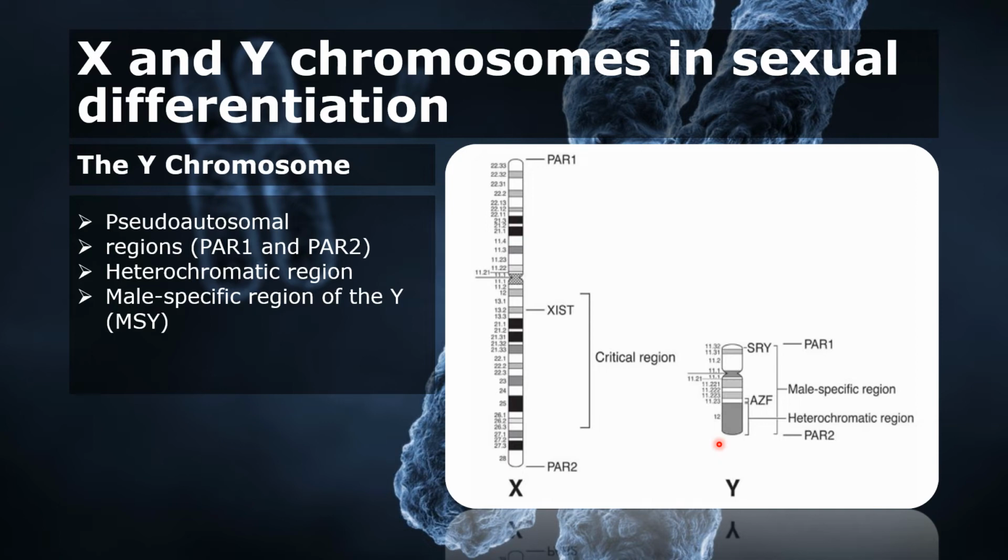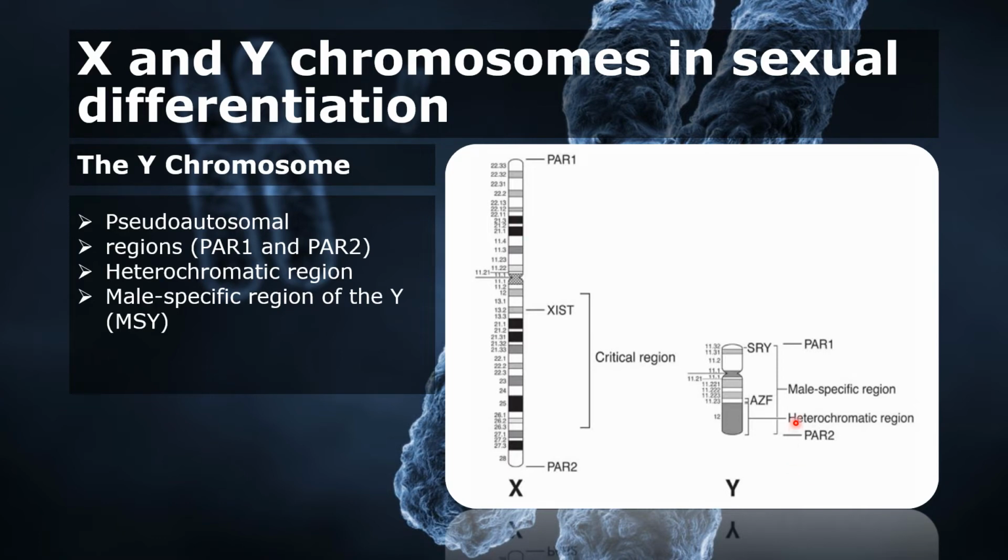This includes the pseudo-autosomal regions: PAR1 in the short arm and PAR2 in the long arm. There is also a heterochromatic region in the long arm, and we have the male-specific region of the Y, which we call MSY, located between PAR1 and PAR2.